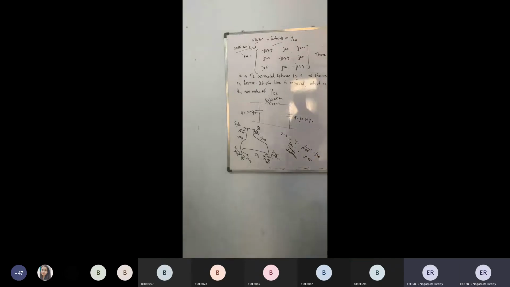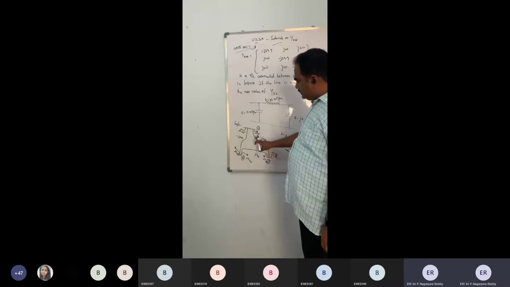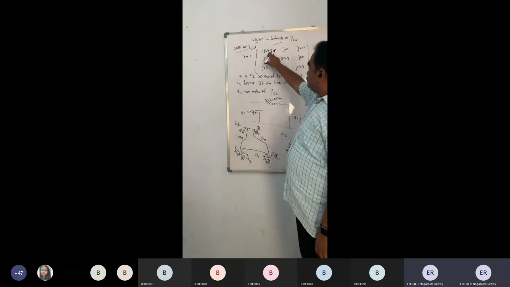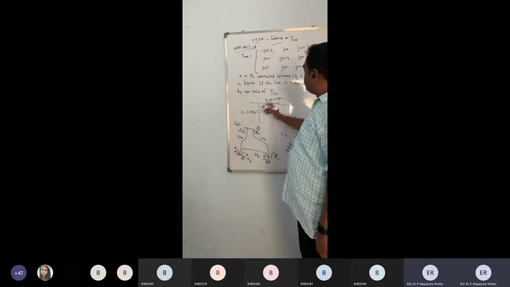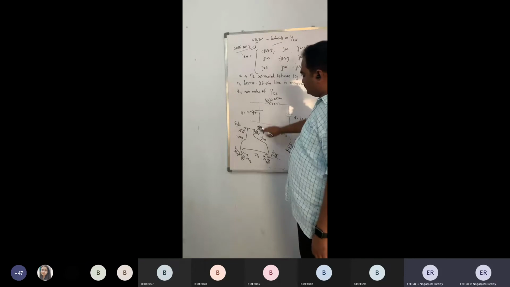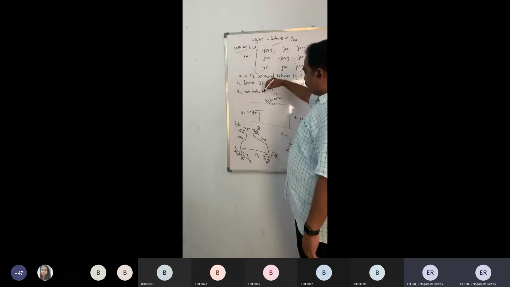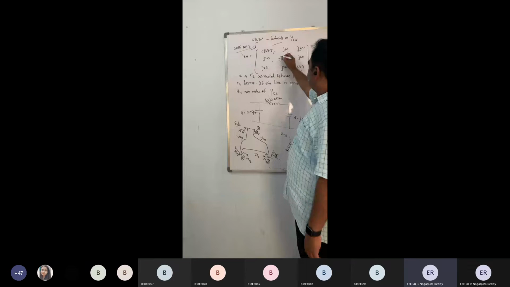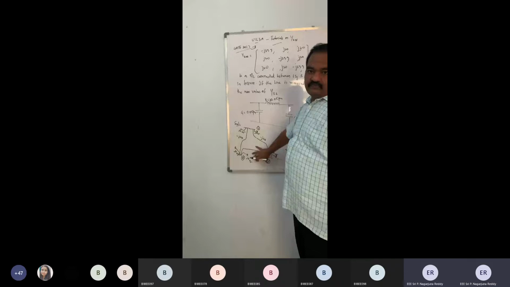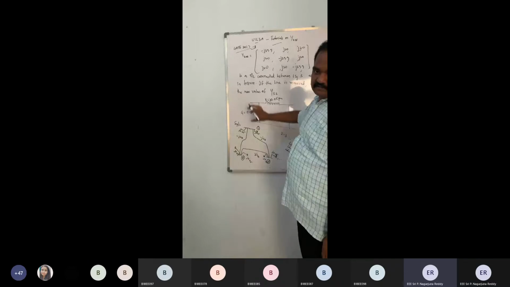You can check it now. What is Y11 now? Minus J40 plus J0.05 plus J0.05. Okay, fine, it is satisfied. This one is also satisfied. Y12 satisfied. Y21 satisfied. So the original diagram was this. This was the original diagram for this Y bus. Understood now?